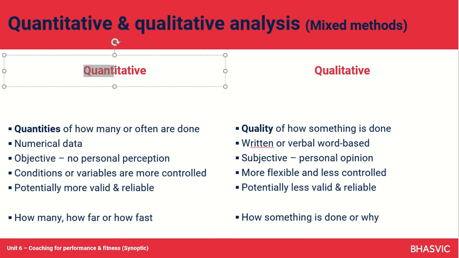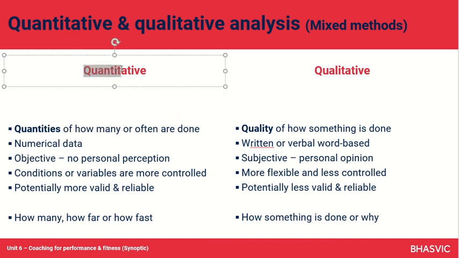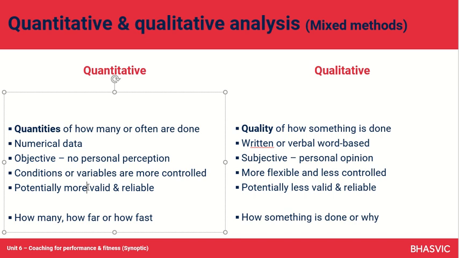And what we tend to call this is quantitative data, because most objective data is numerical and is about quantities: how fast, how far people went, how high, how many did they score. That's quantitative data. So if you haven't already, you can talk about measures in 6.2 being quantitative or qualitative.